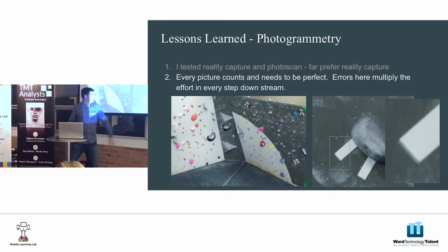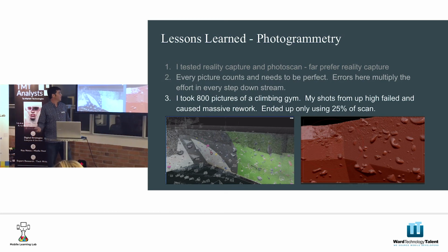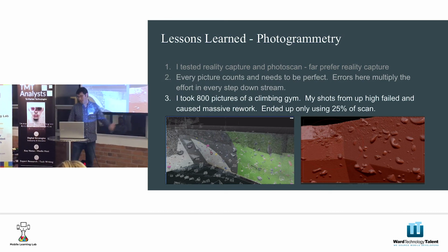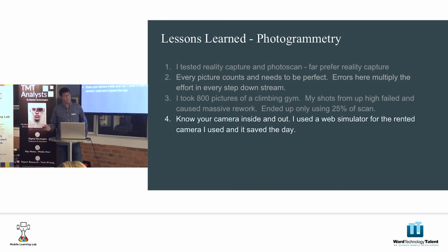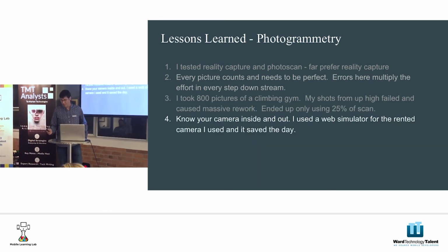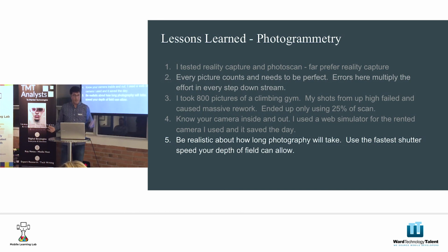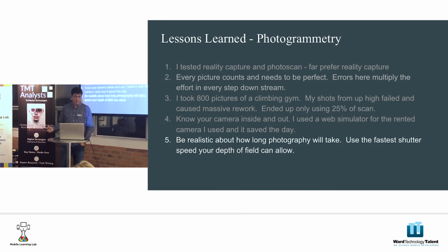See, there's some slight jitter on a section of these, and look what happened to my model. It turned into garbage. So it really pays off to have every photo perfect, and you really have to know your camera, and you have to rent an awesome camera because you need amazing high resolution pictures.